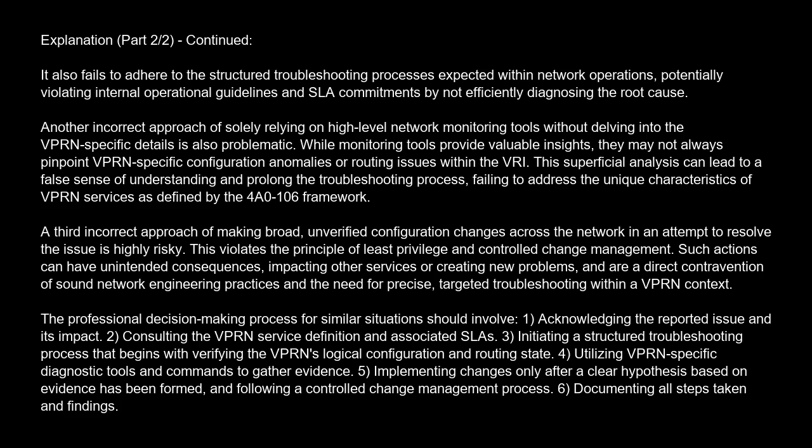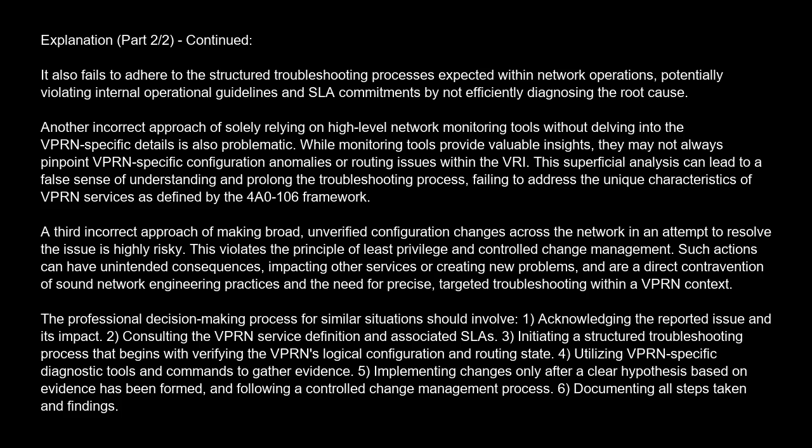A third incorrect approach of making broad, unverified configuration changes across the network in an attempt to resolve the issue is highly risky. This violates the principle of least privilege and controlled change management. Such actions can have unintended consequences, impacting other services or creating new problems, and are a direct contravention of sound network engineering practices and the need for precise, targeted troubleshooting within a VPRN context.